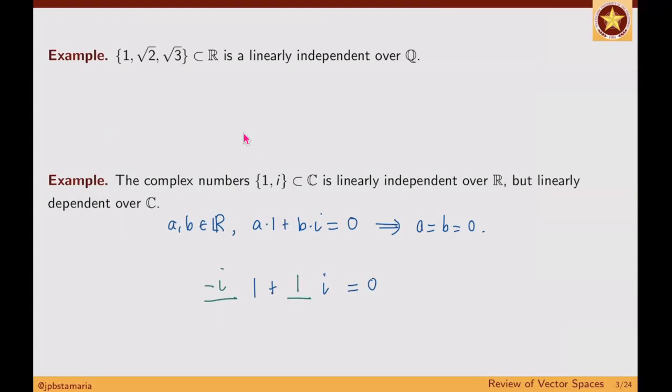Diba? Kaya, siya ay independent over R, pero dependent siya over C. Did you understand that? Naintindihan niyo yung sinasabi ni sir? Ito yung mga examples na magmamatter sa atin. Hindi magmamatter yung mga vectors na pinag-usapan natin sa linear algebra noon.